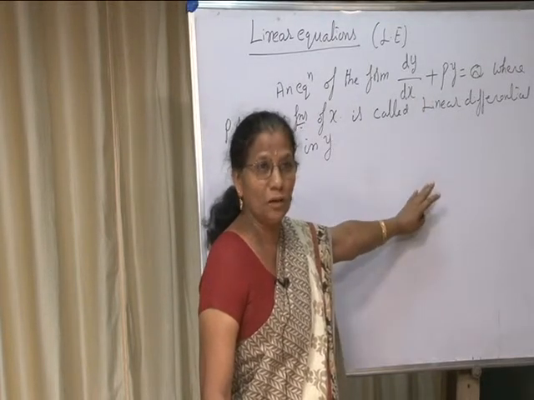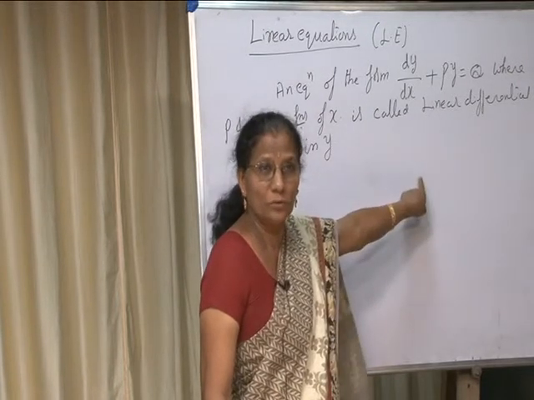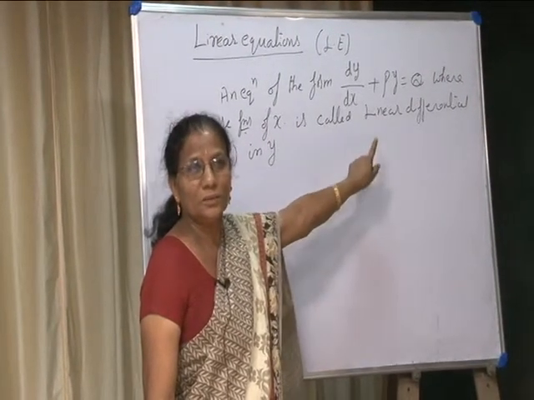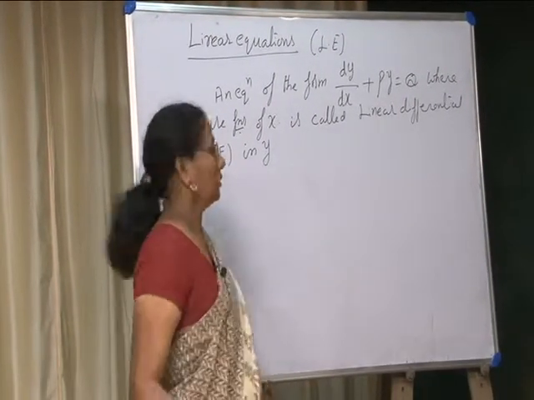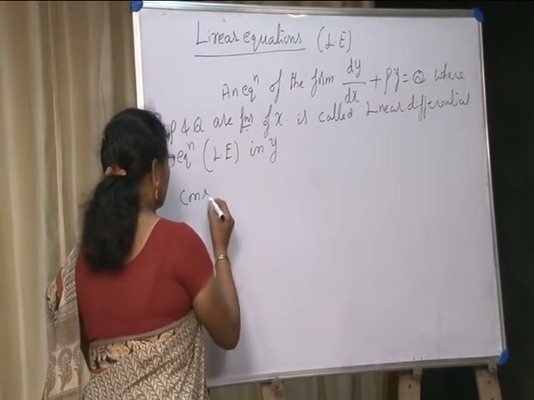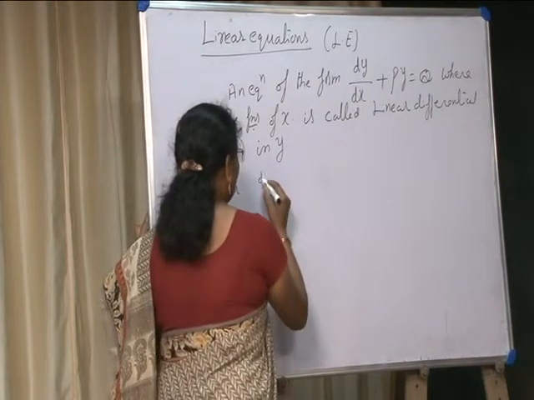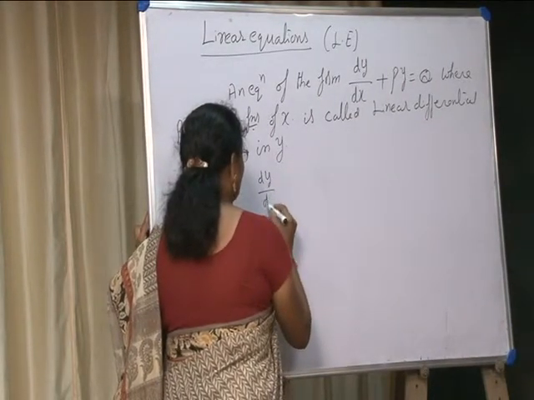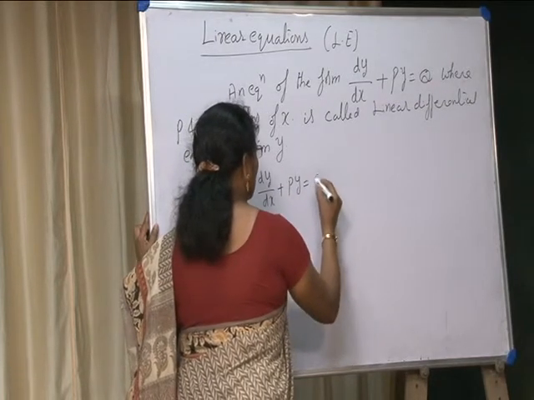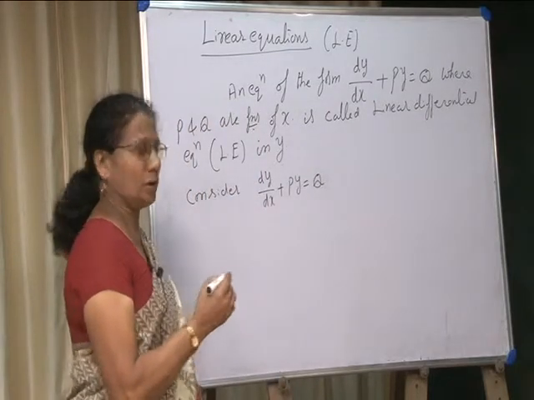Now we will see, when the given differential equation is in the form of this type, how to solve such type of equations. Consider dy by dx plus py is equal to q. It is a linear equation in y.